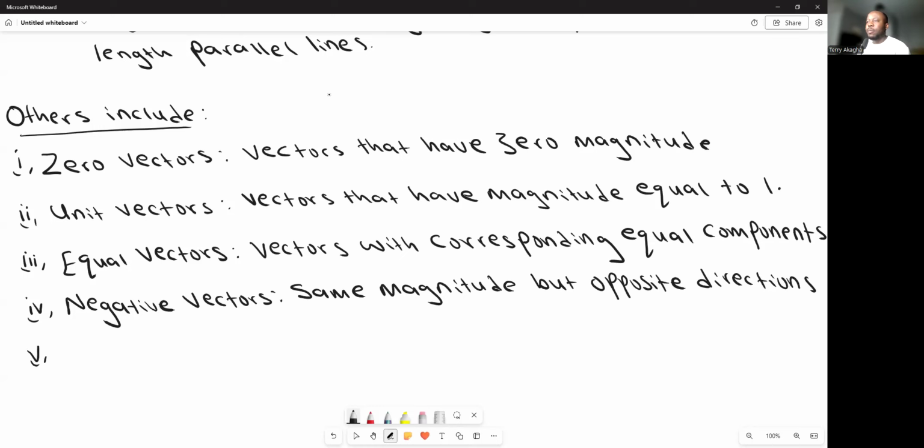Number 5, the next one is called parallel vectors. Parallel vectors have the same direction, but not necessarily the same magnitude.